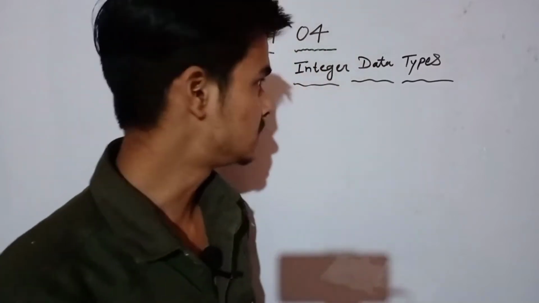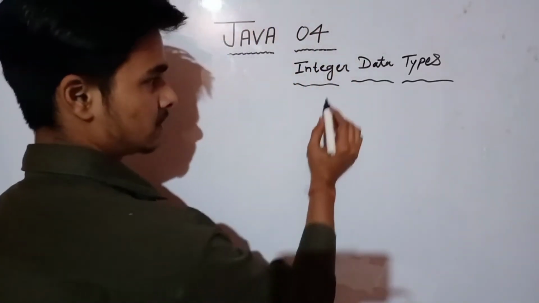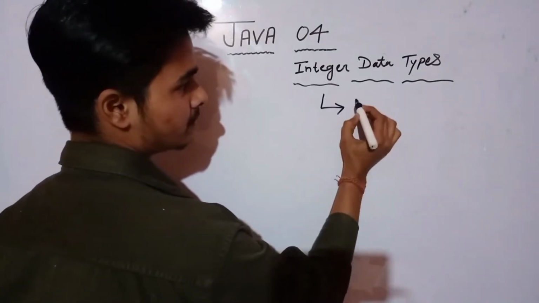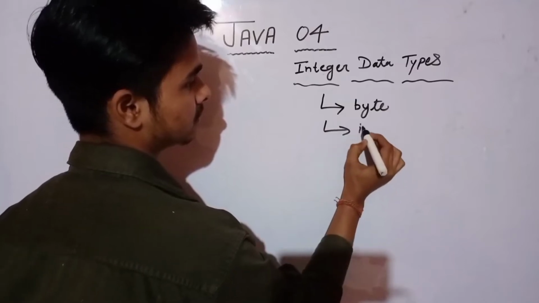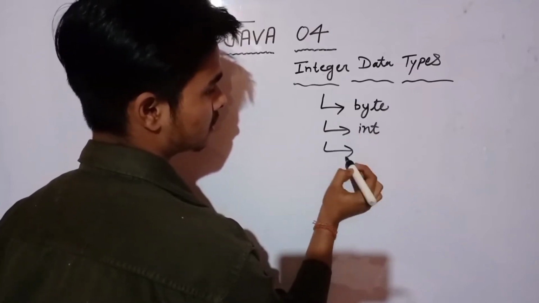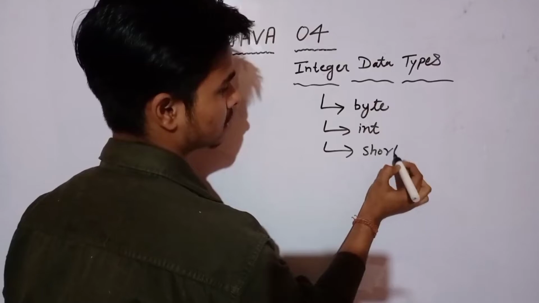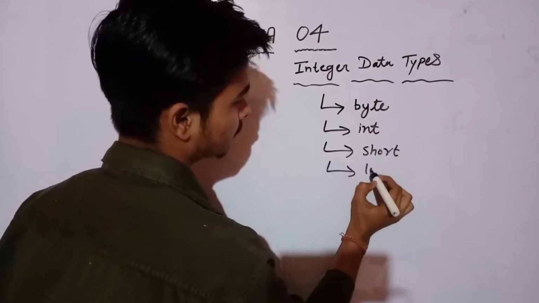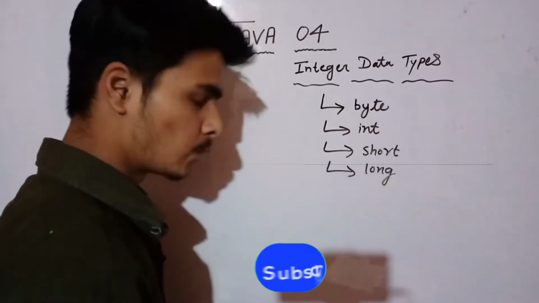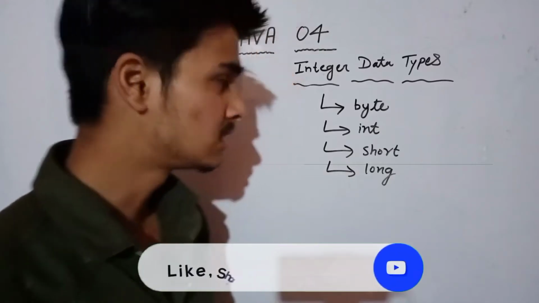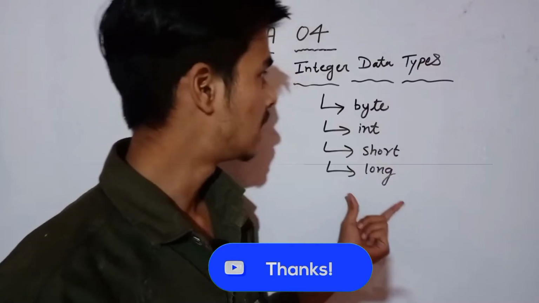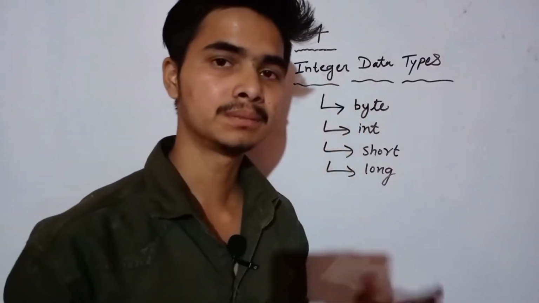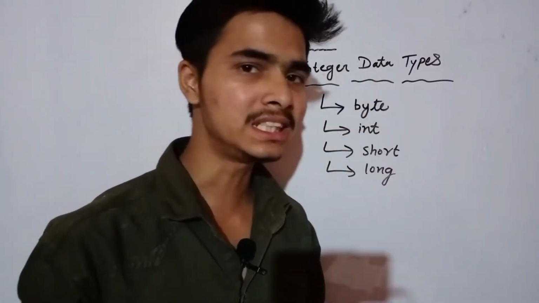So now let's quickly discuss integer data types. In Java we have four types of integer data type, which are byte, int, short, and also long. One thing you must be crystal clear about is that all these four belong to integer data types, meaning they will accept only integers.